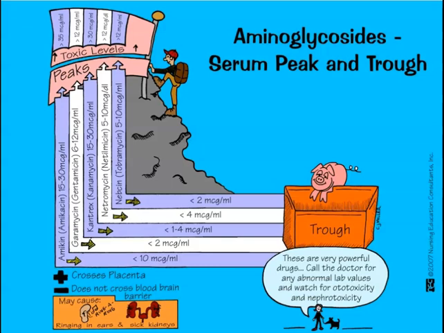So loop diuretics, which are commonly used, can cause hearing loss, and they can cause kidney issues. And so if they're used concurrently with things like gentamicin or any of these aminoglycosides, but again, I think gentamicin is going to be the most common one that you come across, be aware that they could have an increased risk of problems related to the ears and the kidneys.